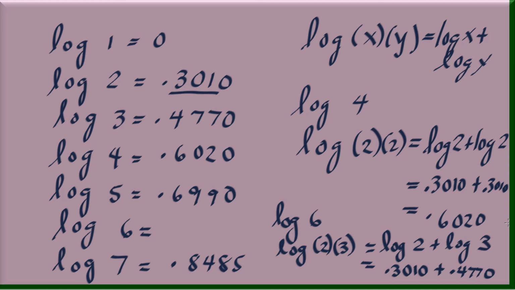So the sum of those two numbers will be our log 6, which is 0.7780. That's how you're going to get the rest of the numbers, like log of 9.